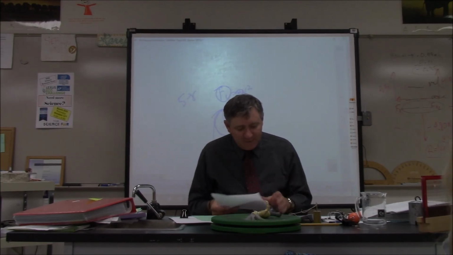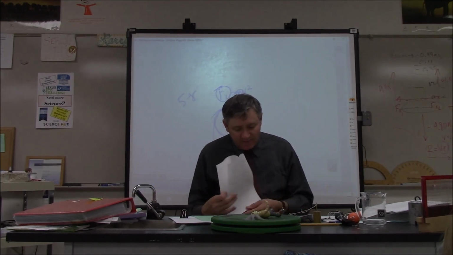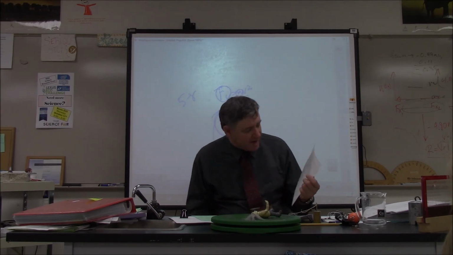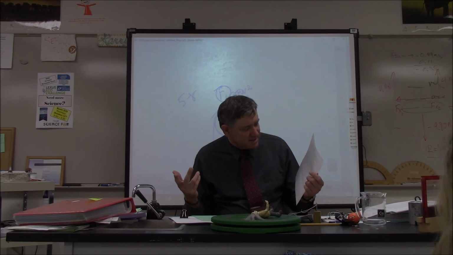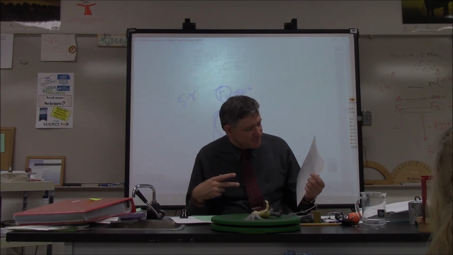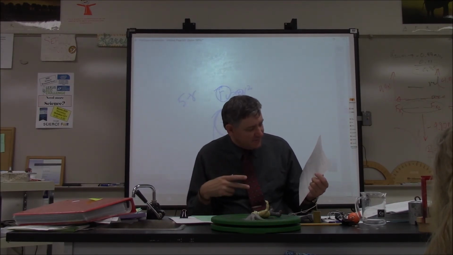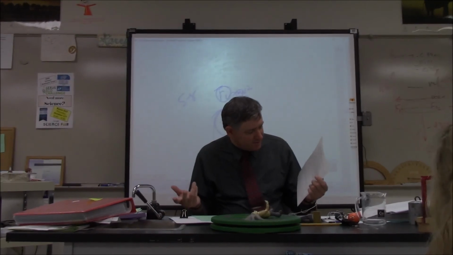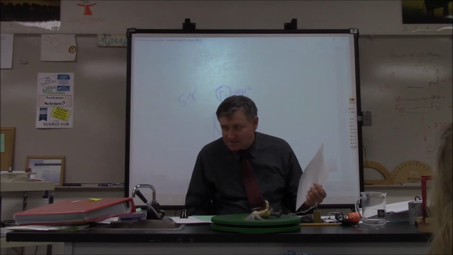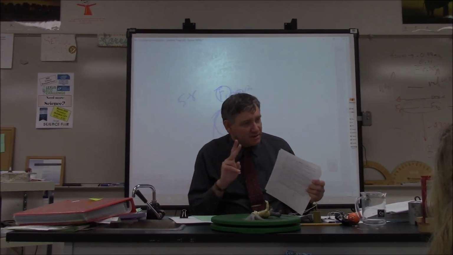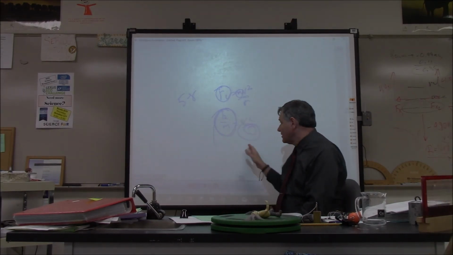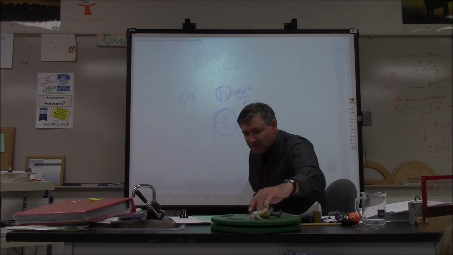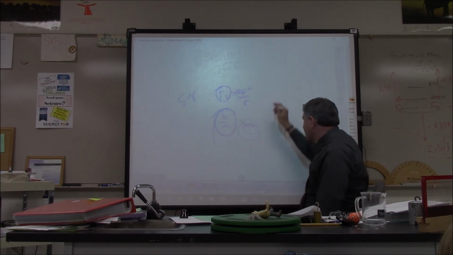Okay, then if you want to get aggressive, over here on page 2, you're going to have to graph some stuff. In trials 1 through 4, you're going to plot velocity on the x-axis and centripetal force on the y-axis. And then on 5 through 8, you're going to do radii on the x-axis and velocity on the y-axis. Those graphs are going to start at 0, 0. So when you set those up, don't change the scale, okay?